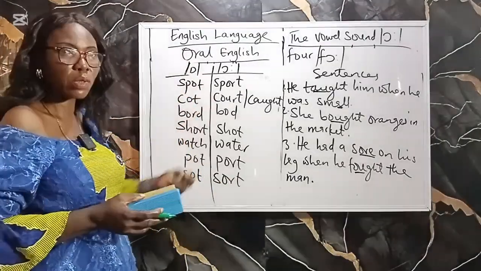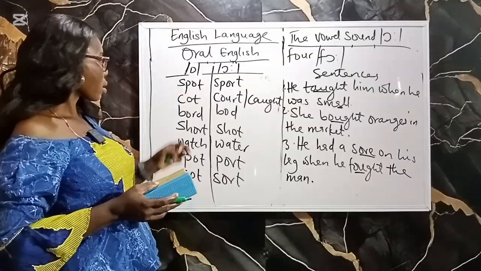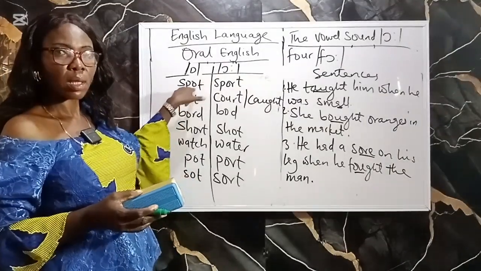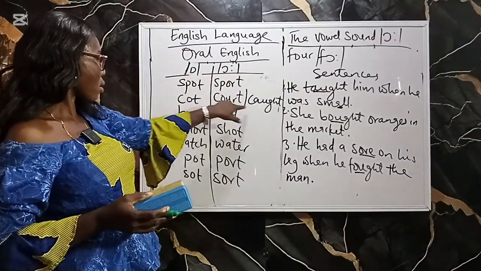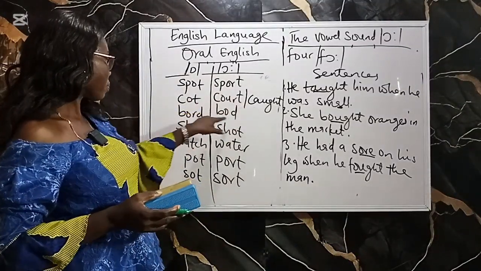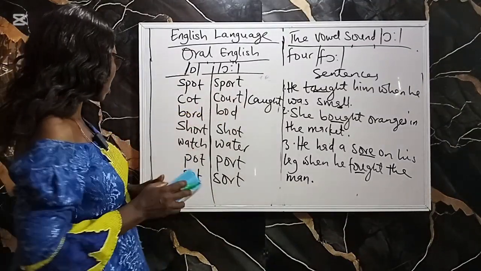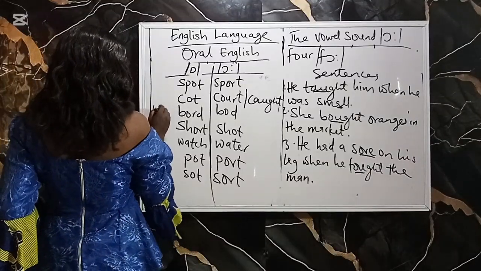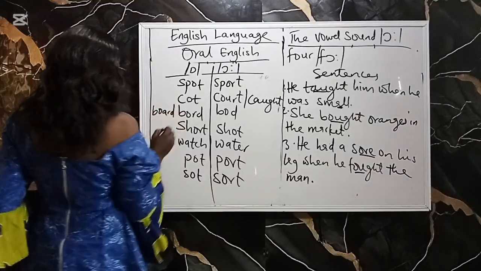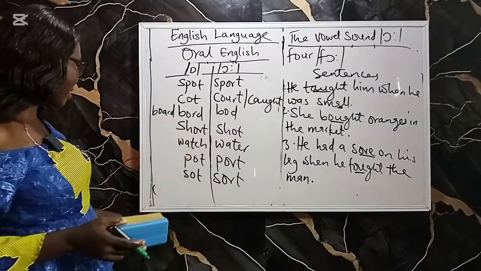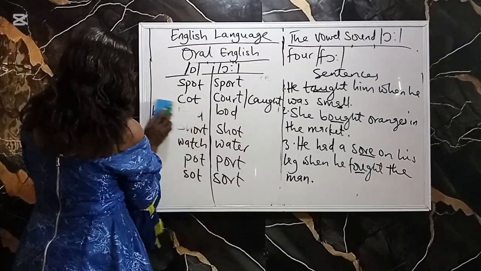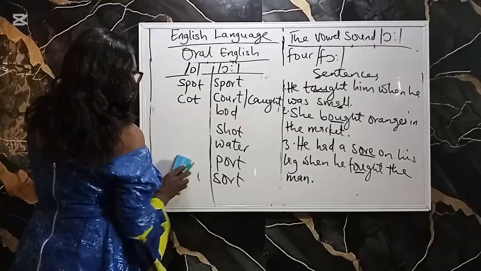You can differentiate between the two. Sports, sport, court, courts or courts, board. Or this one you can still have board, short. Oh, there's a mistake. We are mixing them up. Sorry for that.